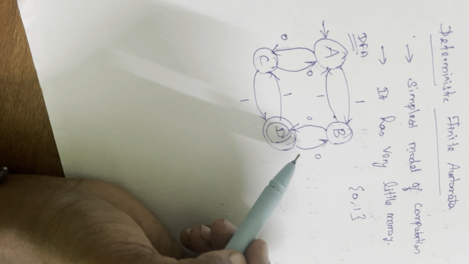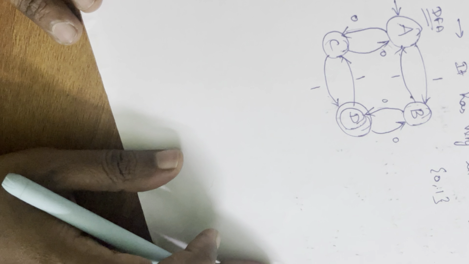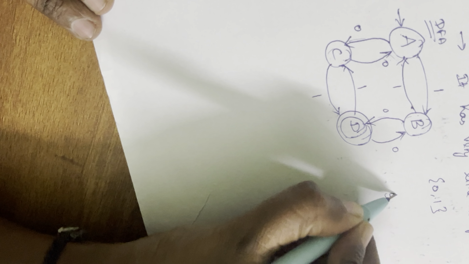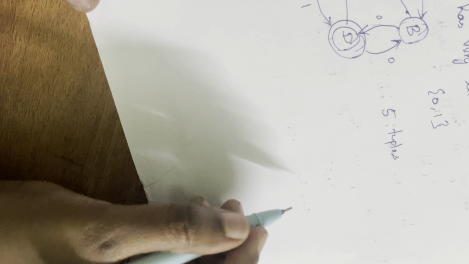In a DFA, you have 5 tuples to learn. What are those tuples?